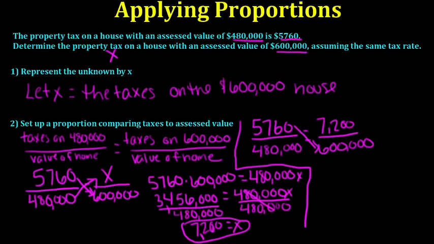So 5,760 times 600,000 is equal to 480,000 times 7,200.